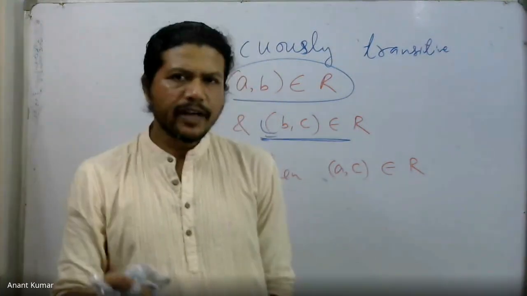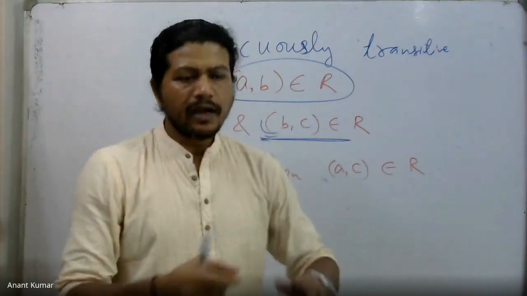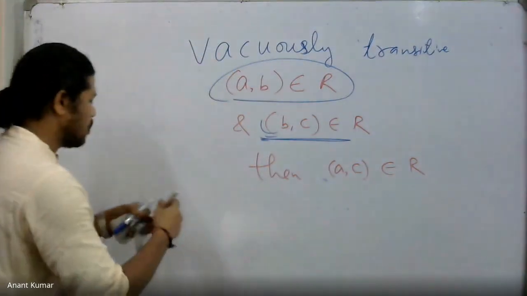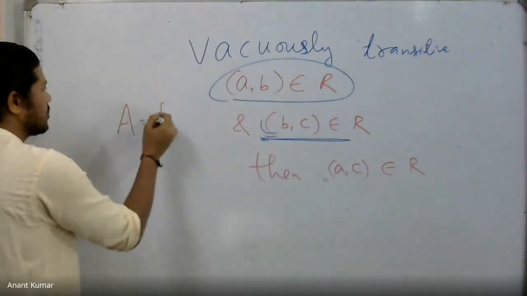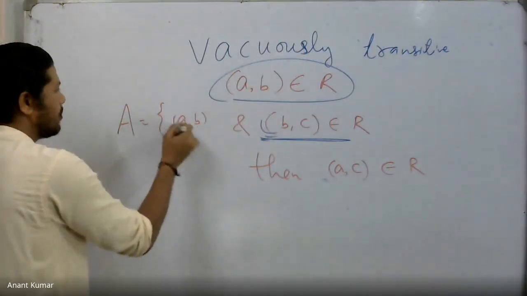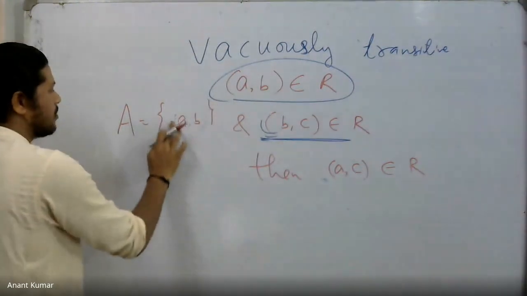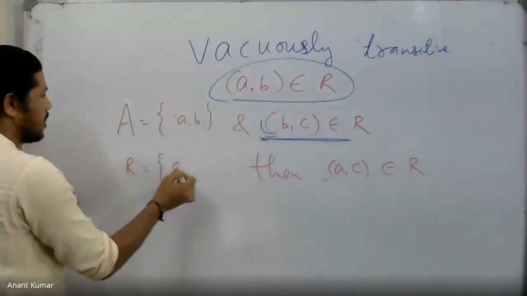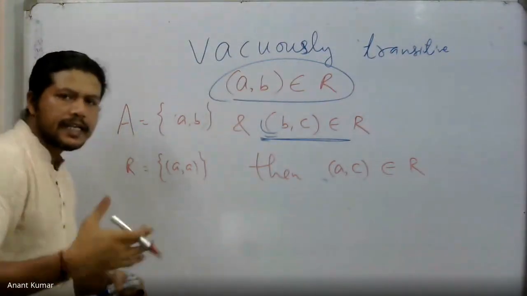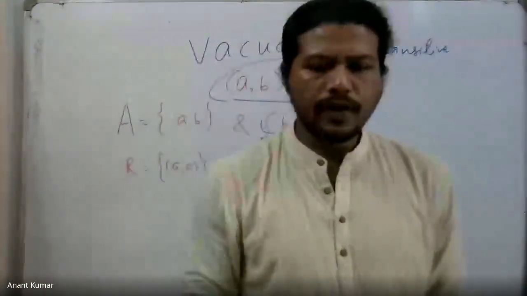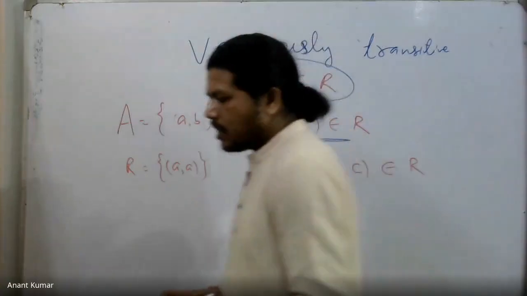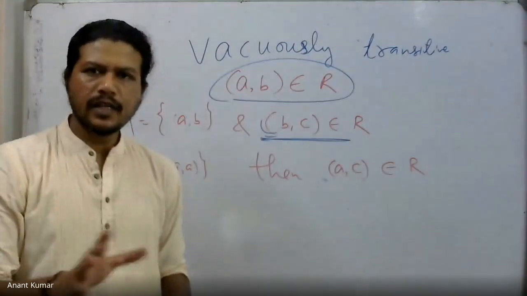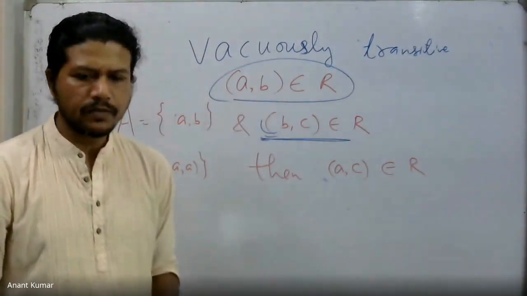But every antisymmetric relation is not reflexive, because if I have only A comma A present, for example, but capital A contains two elements, A and B, and the relation R contains only one pair, A comma A, then this relation is antisymmetric, but it is not reflexive. So yes, if it is a reflexive relation, it has to be antisymmetric. Reflexive implies antisymmetric, but antisymmetric doesn't imply reflexive.